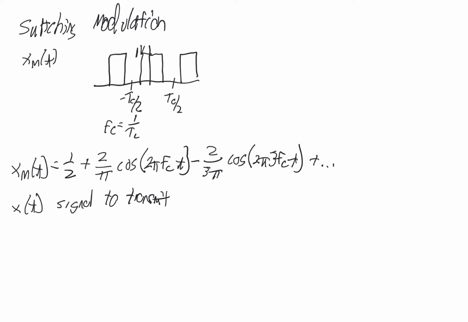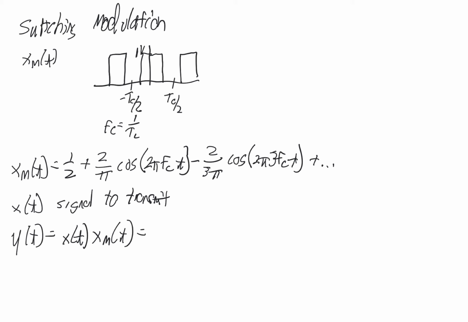But to show how the switching modulation works, it's more useful to multiply out the terms of the Fourier series expansion. So my transmitted signal is the product of the message, x of t, and the modulating signal, x_m, which is the square wave, but we're going to look at it in terms of the Fourier series.